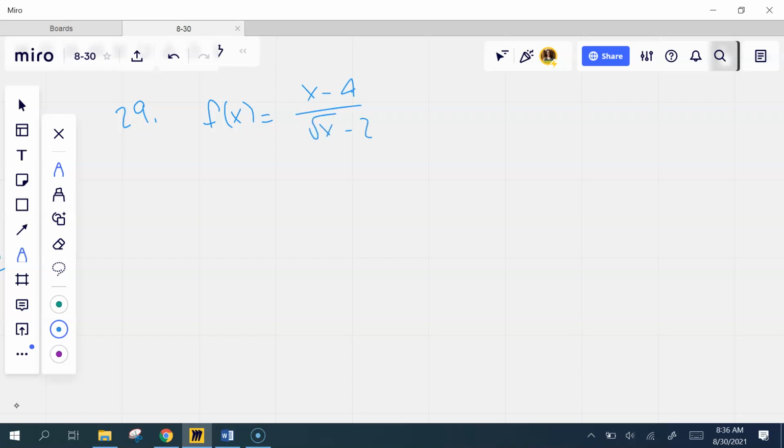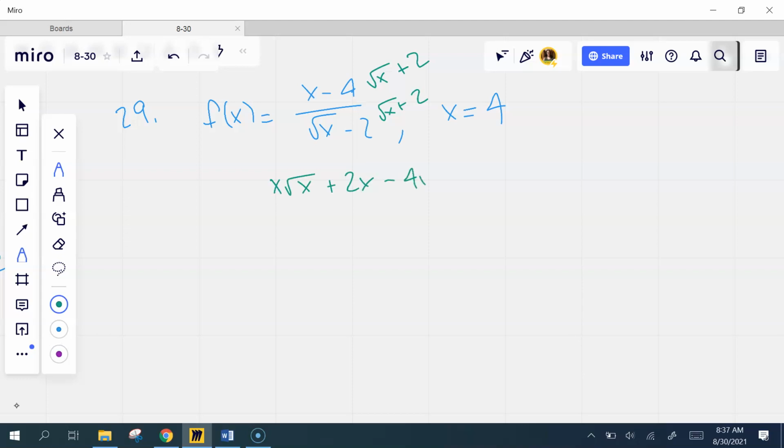So essentially, what we're doing for these, they rationalize the denominator, is what I'm assuming. Square root of x plus 2 times squared, right? What happens if you do that? Why did they give us x equals 4?